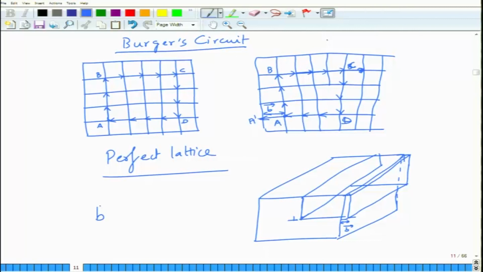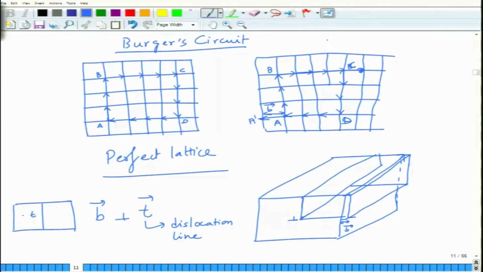So B is perpendicular to T, the dislocation line. In the top view, this is the dislocation line T, and this is the Burgers vector B.